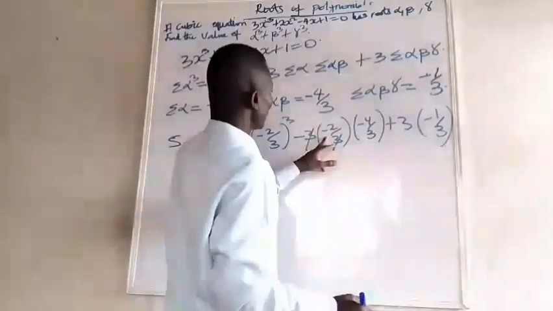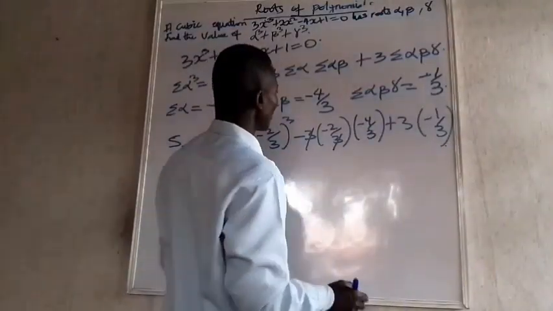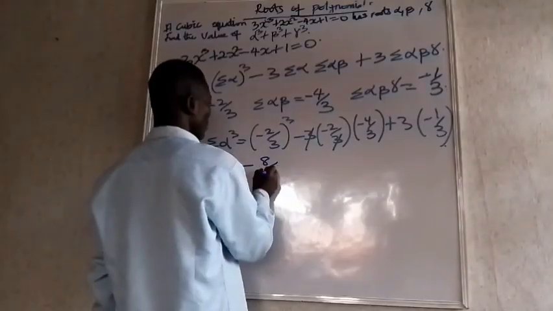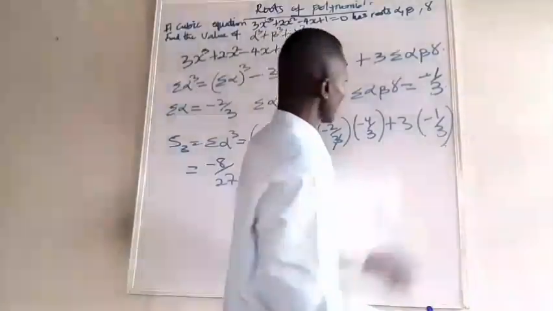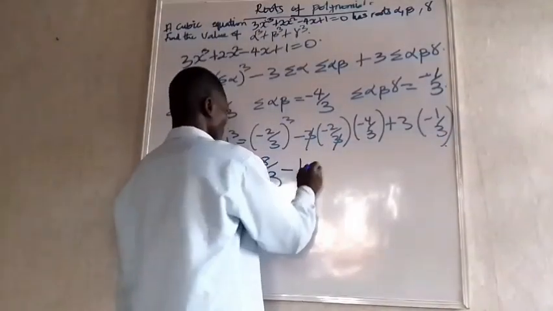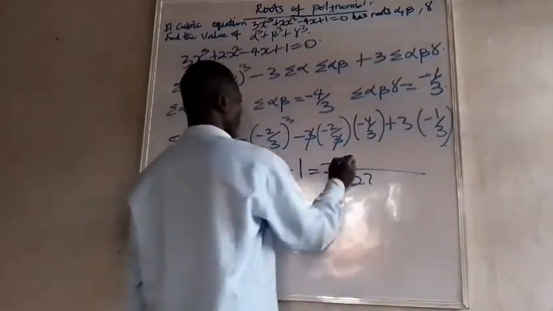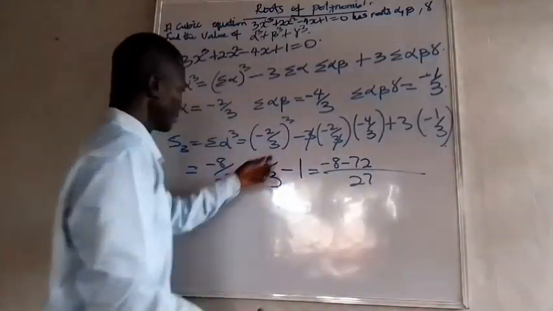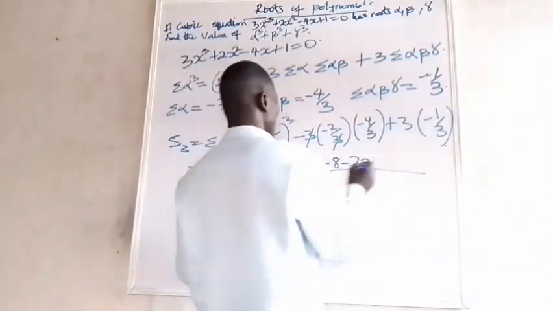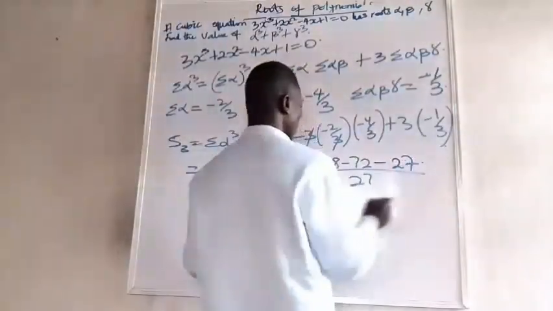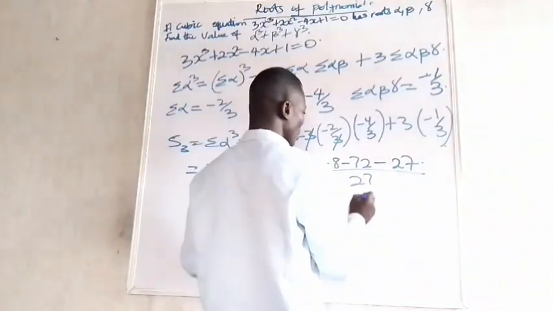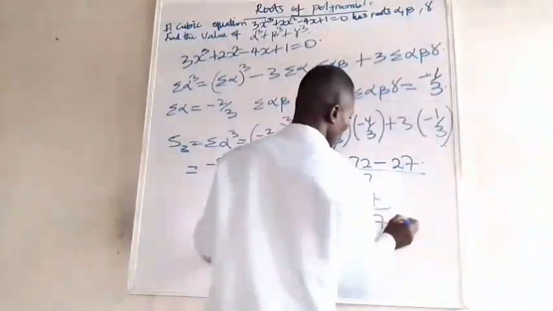So this is minus 8 over 27 minus 1, with 27 as the LCM, minus 8 minus 72 minus 27. So this is minus 107 over 27.